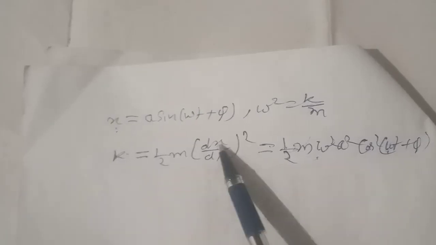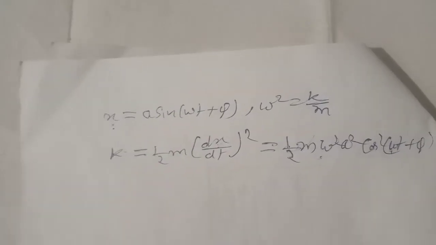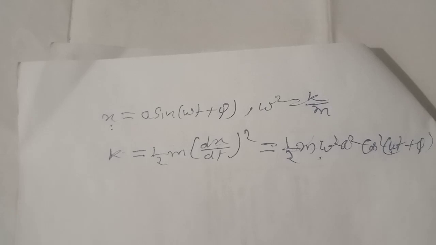Now we can calculate the average kinetic energy by integrating it over one time period T. The time average of the kinetic energy over a period T of the motion will be given as K average equals integration from 0 to T of K dt, divided by T.